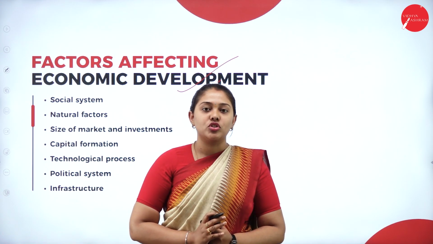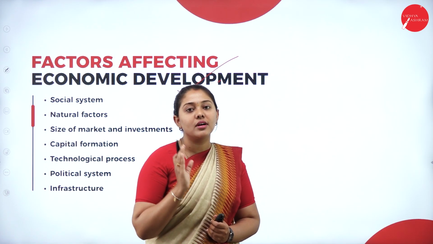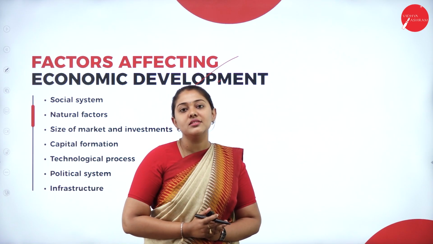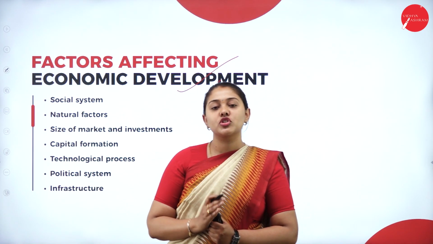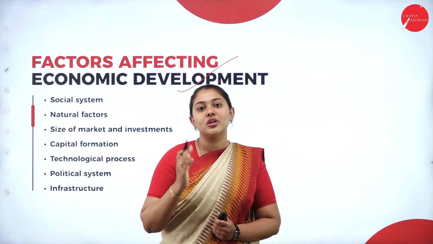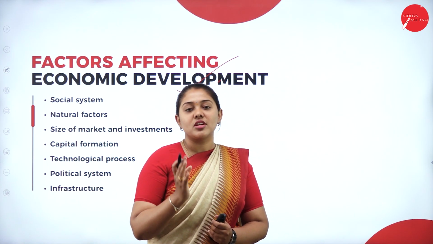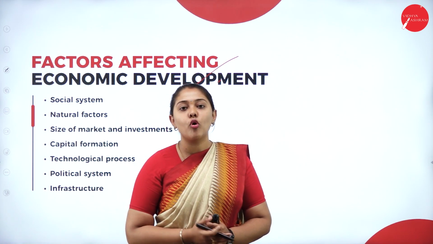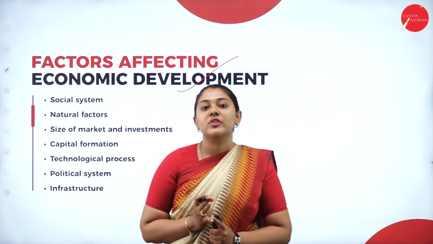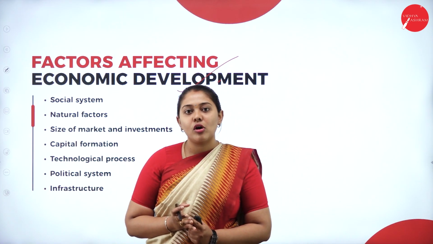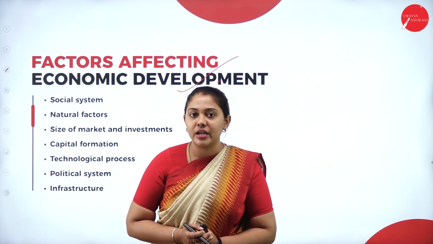So we have structures. The first is the traditional structure, the second is the planned structure, the third is the market structure, and the fourth is the mixed structure or mixed economy. We have 4 economies or 4 systems we can call them: traditional economy, planned economy, mixed economy, and market economy.